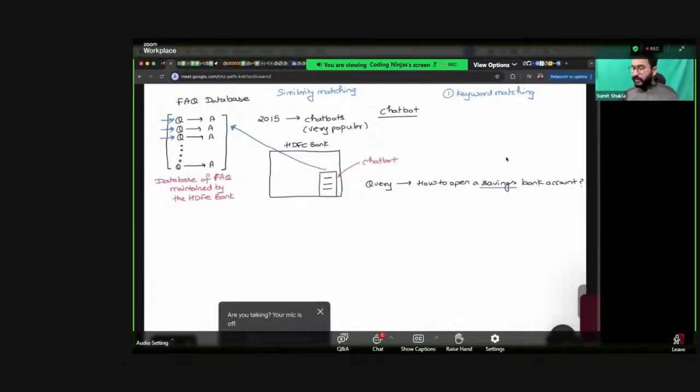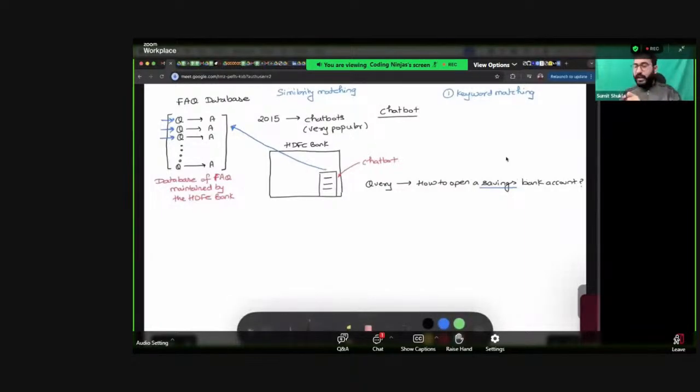Let's say it found that the words open, savings, bank, and account are all available in this question. It will take the corresponding answer and return it to you as the answer to your query.